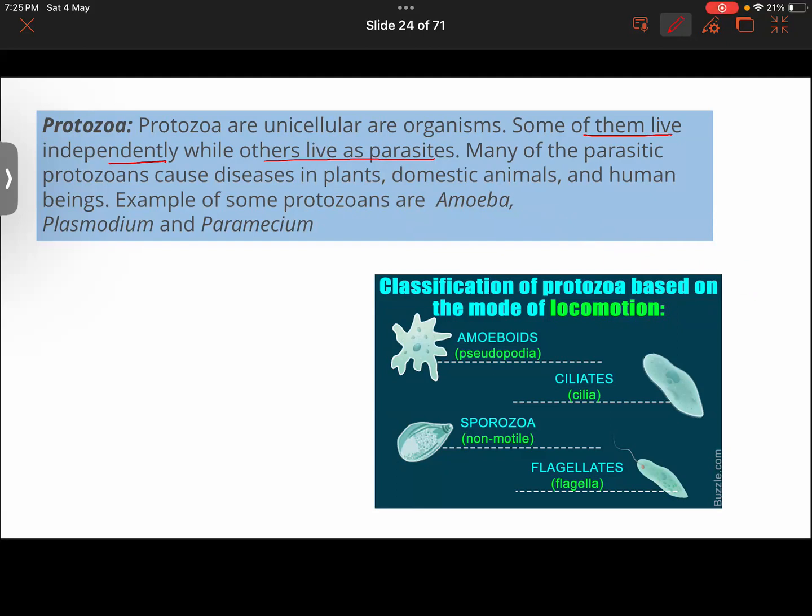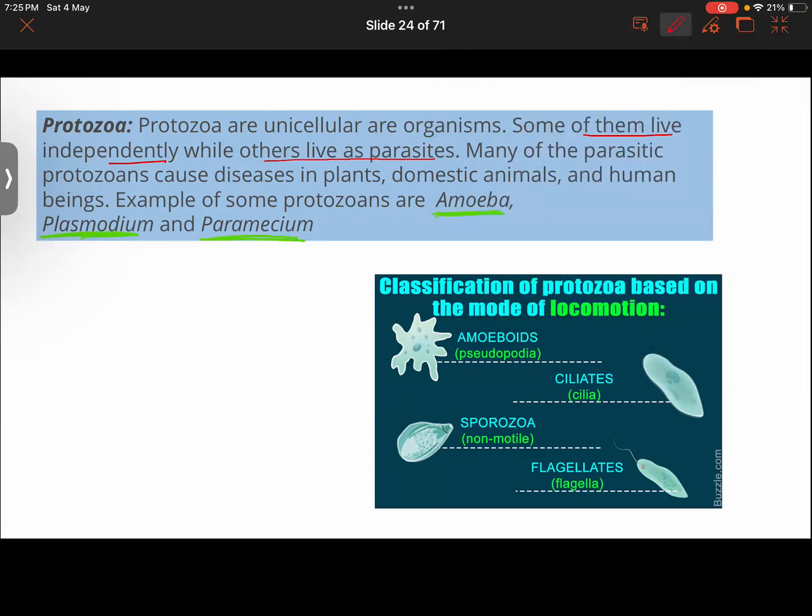In this image, you have a few of the common protozoa, like amoeba. Some common examples are amoeba, plasmodium, and paramecium.